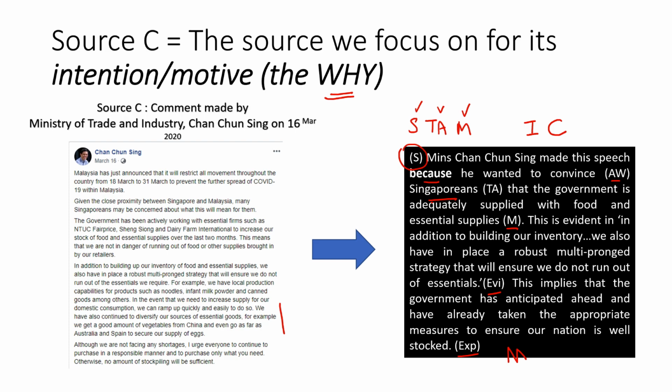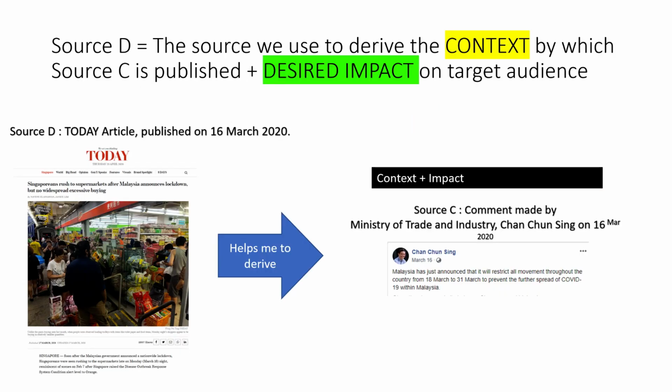And we're going to use source D to help us to better derive the context and the impact. So I repeat, we're going to use source D to better derive the context by which source C was published and the desired impact of source C on the target audience.